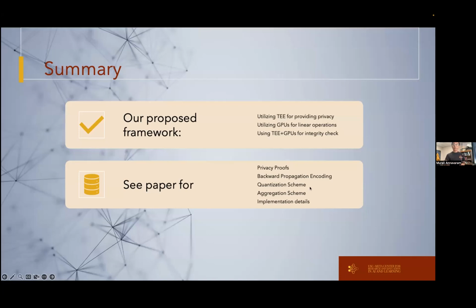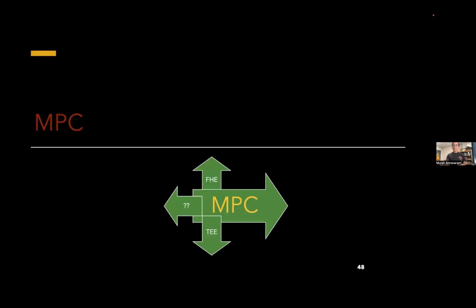And then the quantization impacts and aggregation mechanisms, and all the other implementation details, are discussed in the paper. And I believe we even have some of the code out, given to other students and other research groups to explore this strategy in their own research.